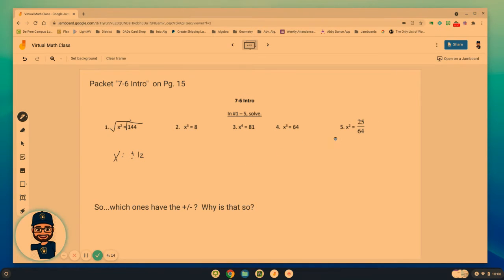If I look at number 5, by taking the square root of both sides, we get x equals square root of 25 over the square root of 64, or 5/8, and we're going to put plus or minus in front of that.